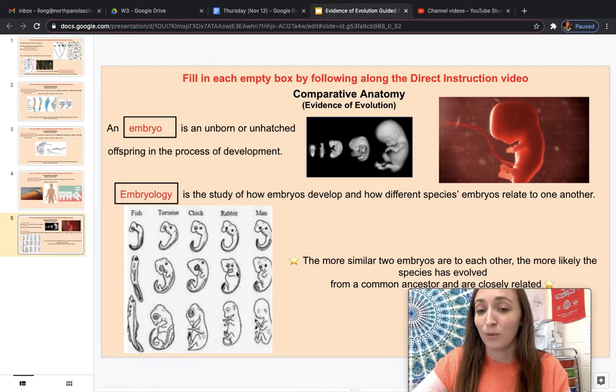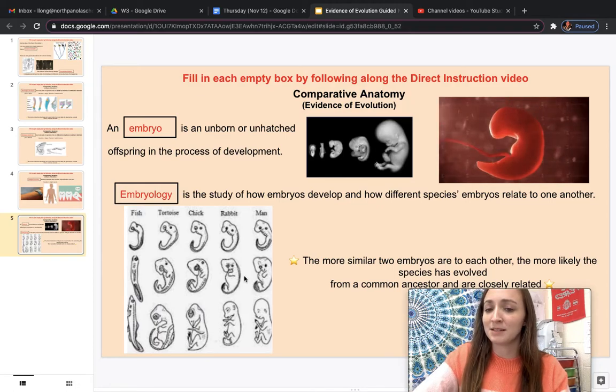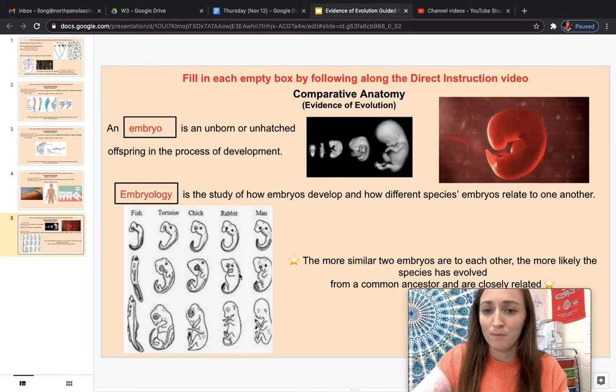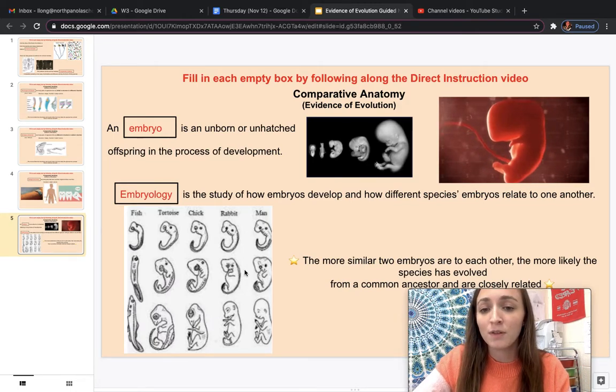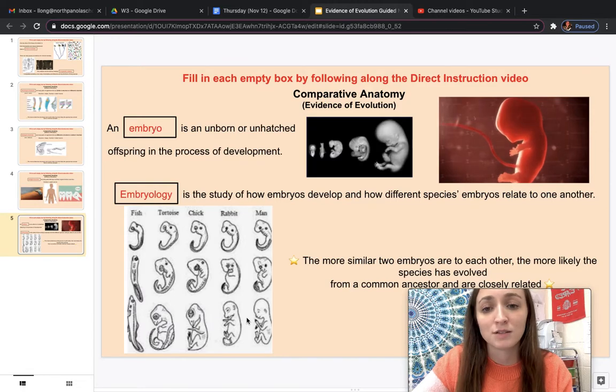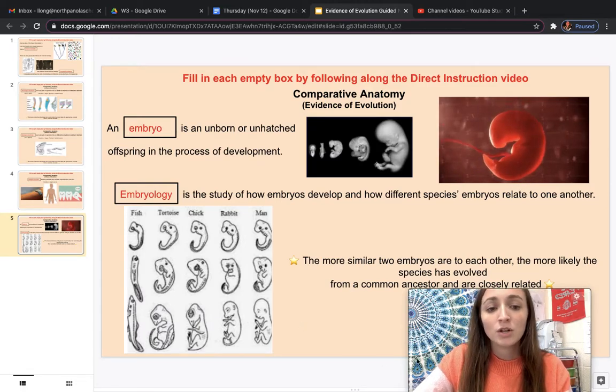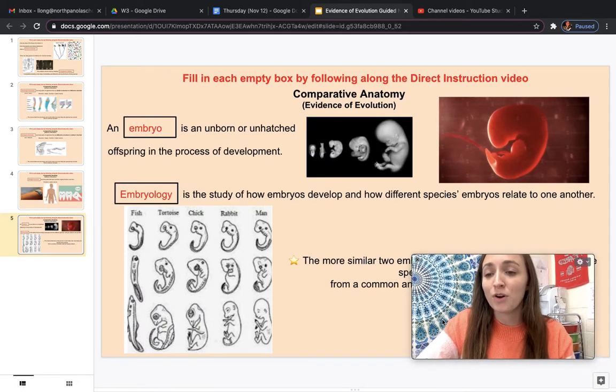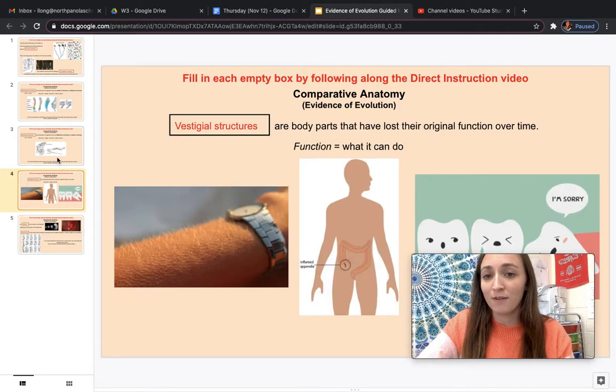But if you look at that rabbit, which makes sense because humans and rabbits are both mammals, you can already assume that we're probably closely related. The human and the rabbit embryo look very similar, even right up to the end of development, before they're born. So us and the rabbit, we do share a common ancestor. We're closely related. Those are all pieces of evidence for evolution.